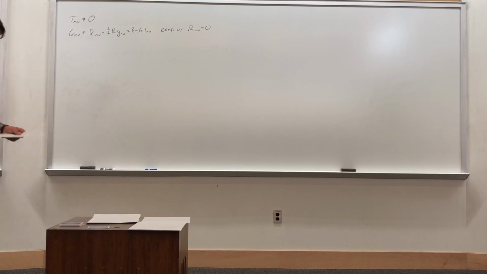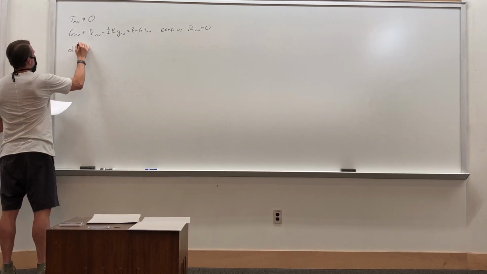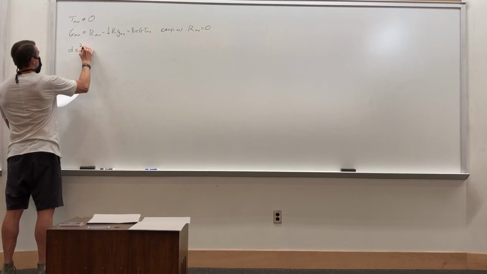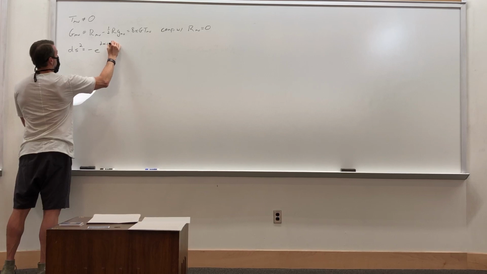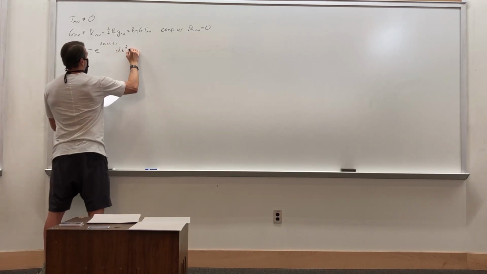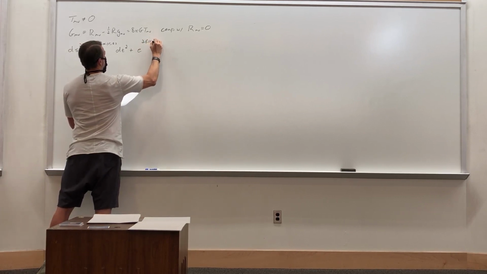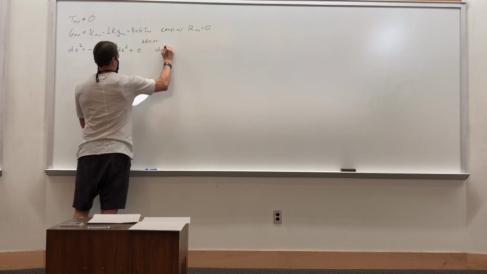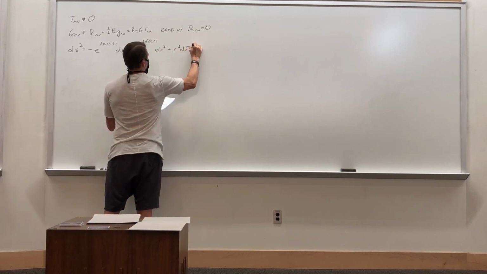So what's good is we can take the result of all that effort as our starting point today. In case you don't remember, that led us to ds squared is minus e to the 2 alpha(r,t) dt squared plus e to the 2 beta(r,t) dr squared plus r squared d omega squared.